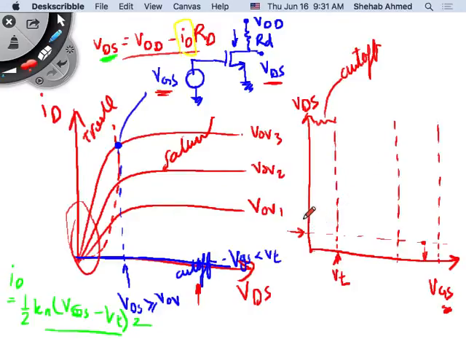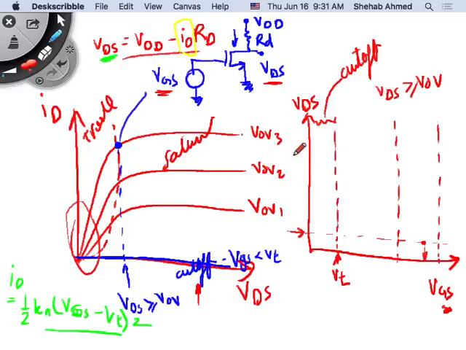I was increasing VDS until I pinched the channel, meaning VDS is greater than or equal to VOV. So if I have a certain gate voltage, I'm definitely much higher than it, if I'm going to be in saturation mode.